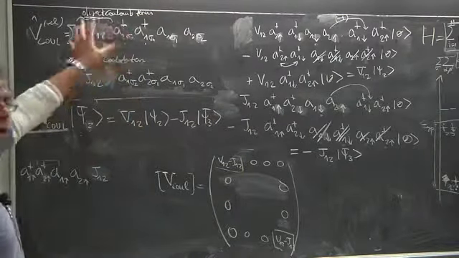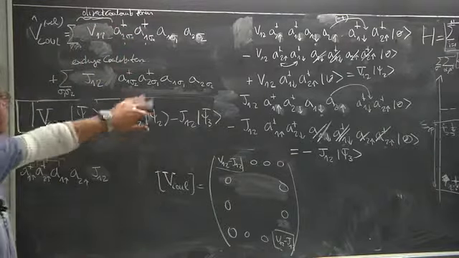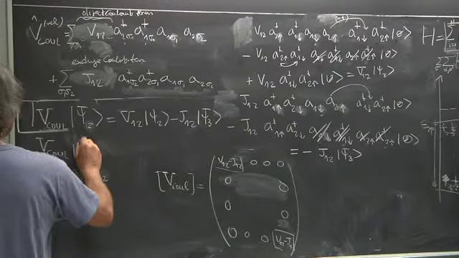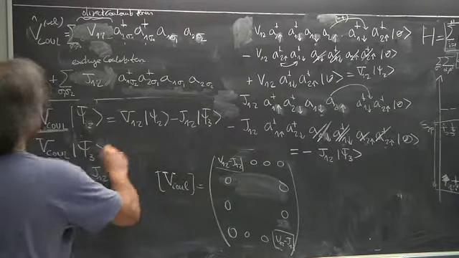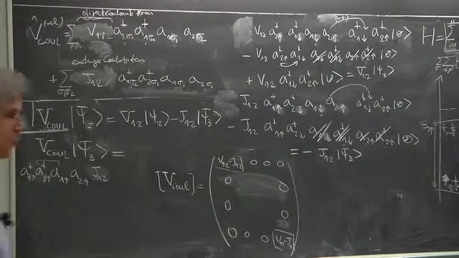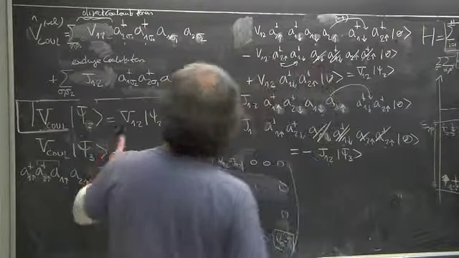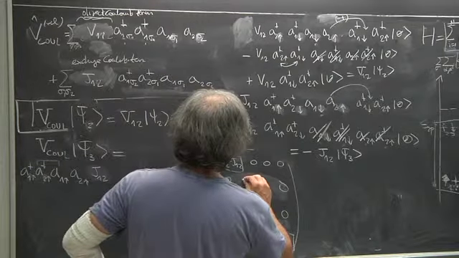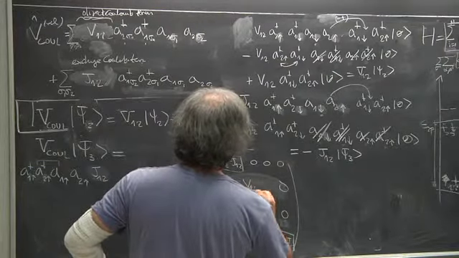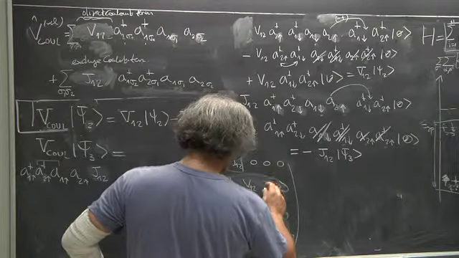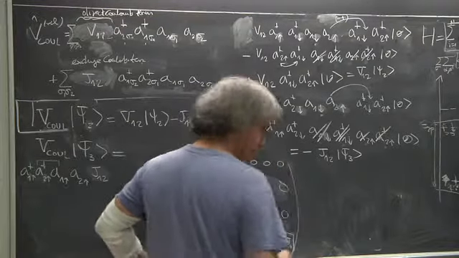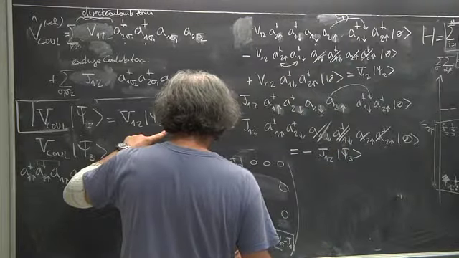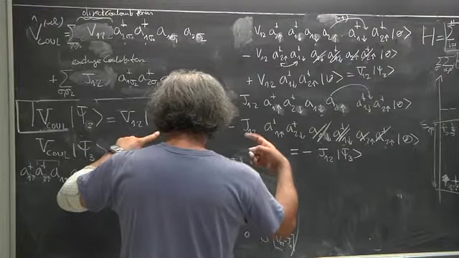Before 1 was alone, 4 was alone. Now 2 is mixed to 3. And you can verify, it's very, very simple, that 3 is also mixed to 2, obviously. So in some sense, once I have here the fact that here I must have V12, and here I must have, let's see, minus the element 2, 3.